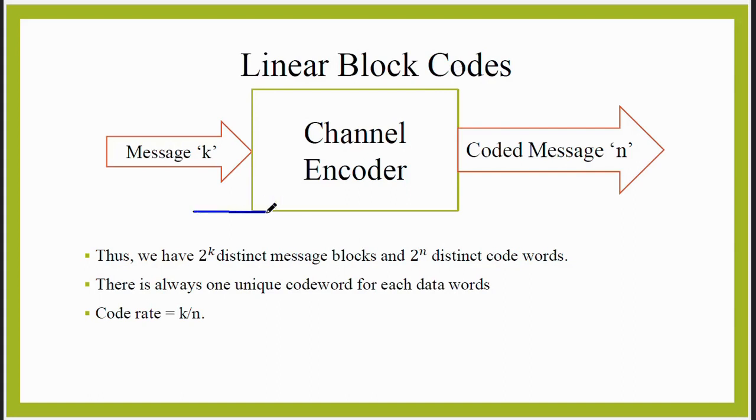Message k goes into the channel encoder, giving a coded message. Thus, we have 2 power k distinct message blocks and 2 power n distinct code words. There is always one unique code word for each data word. The code rate is equal to k by n.